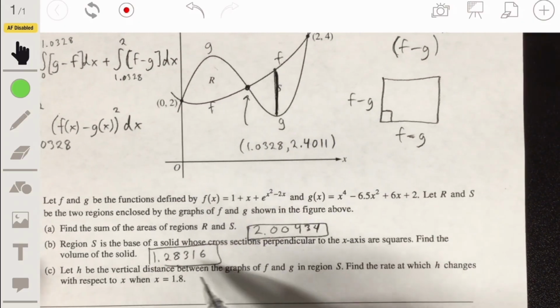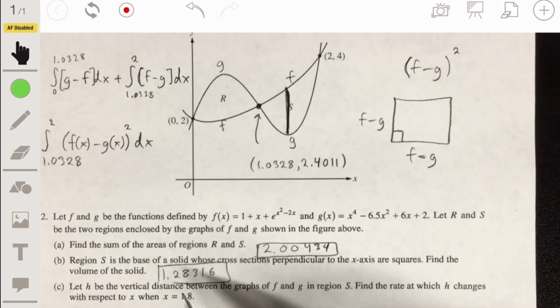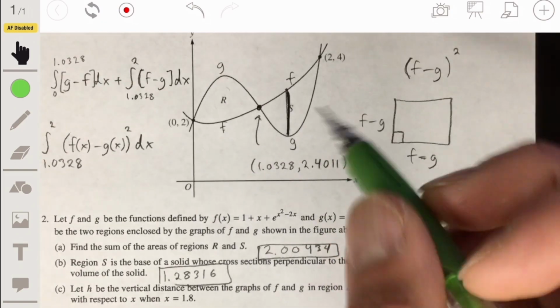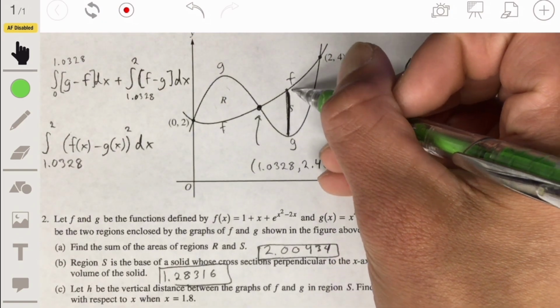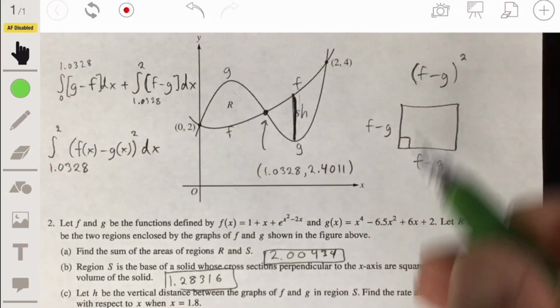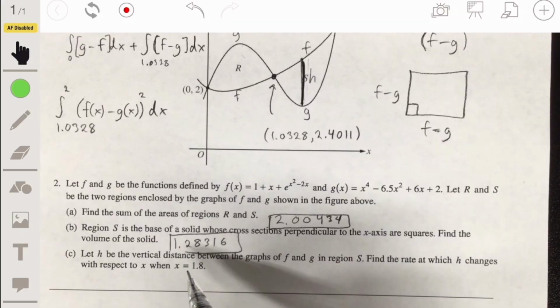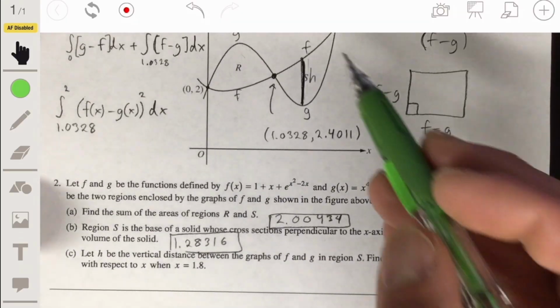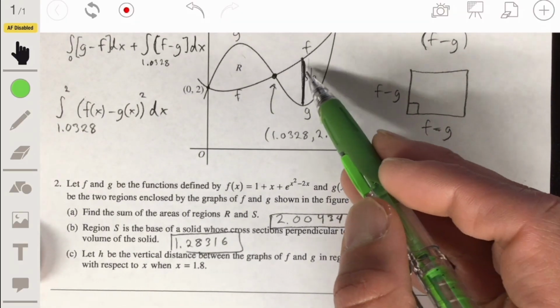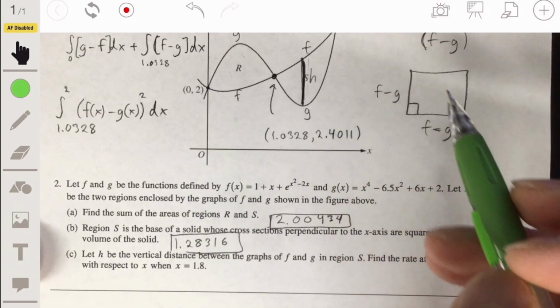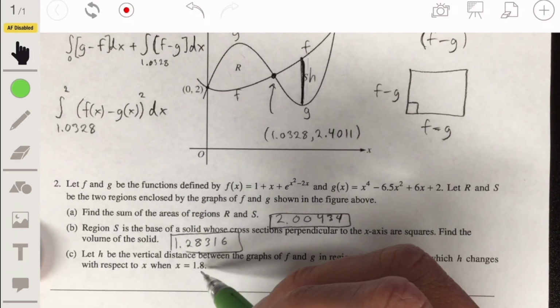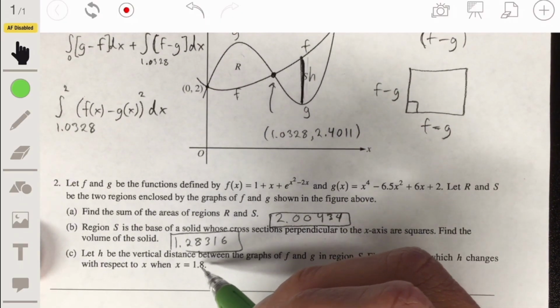All right, in part C, let H be the vertical distance between the graphs F and G in this region. So let's say this length is H. Find the rate at which H changes with respect to X when X is 1.8. So what you're basically doing is finding the derivative of H and then plugging in 1.8.